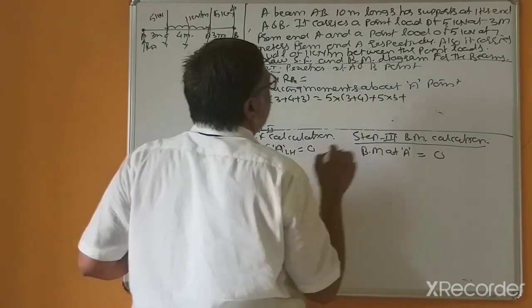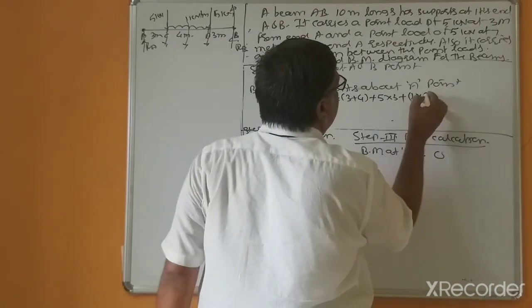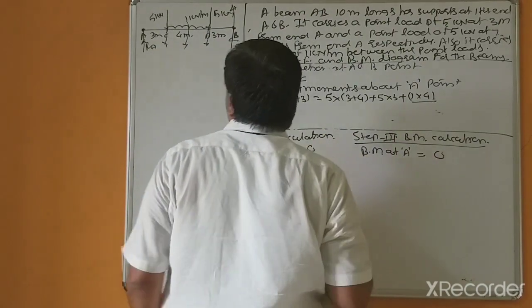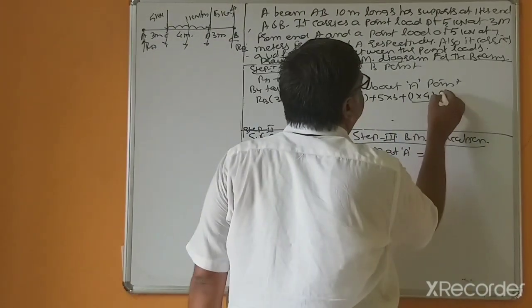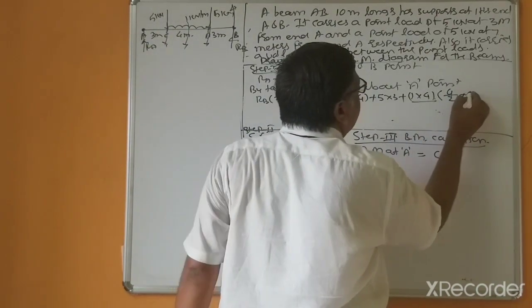Next, the uniformly distributed load 1 kilonewton multiplied by distance 4, at half its distance plus 3.